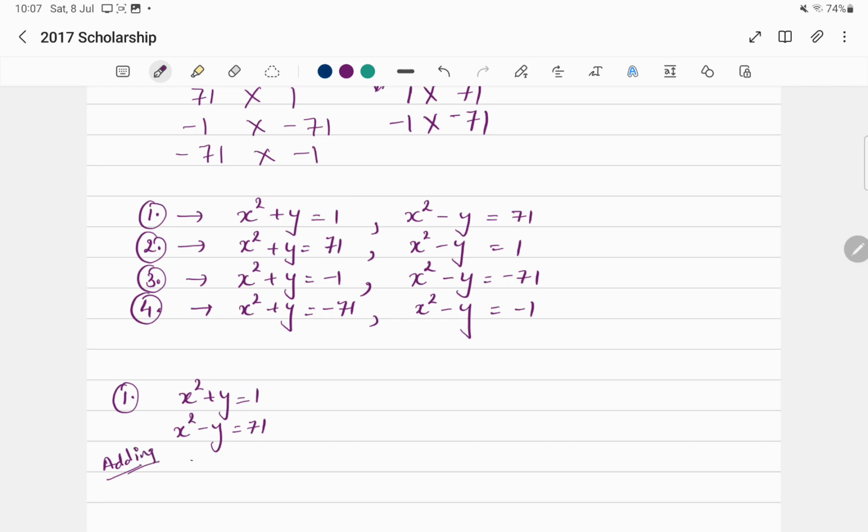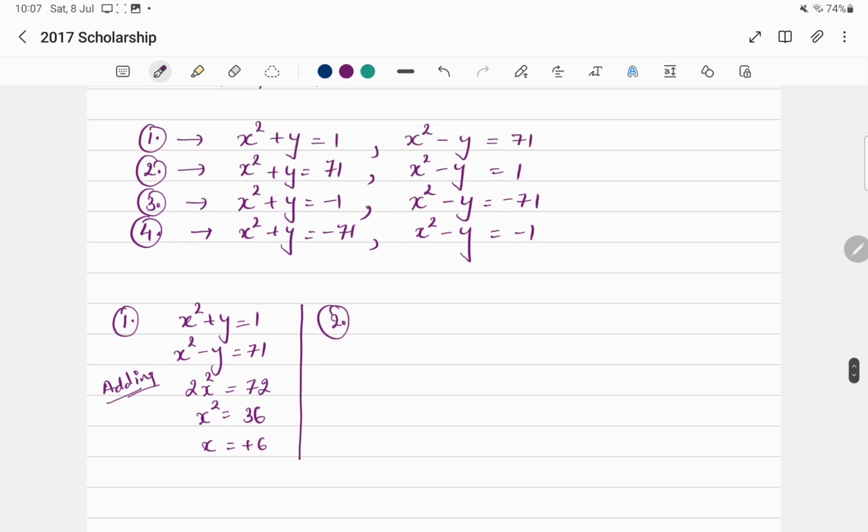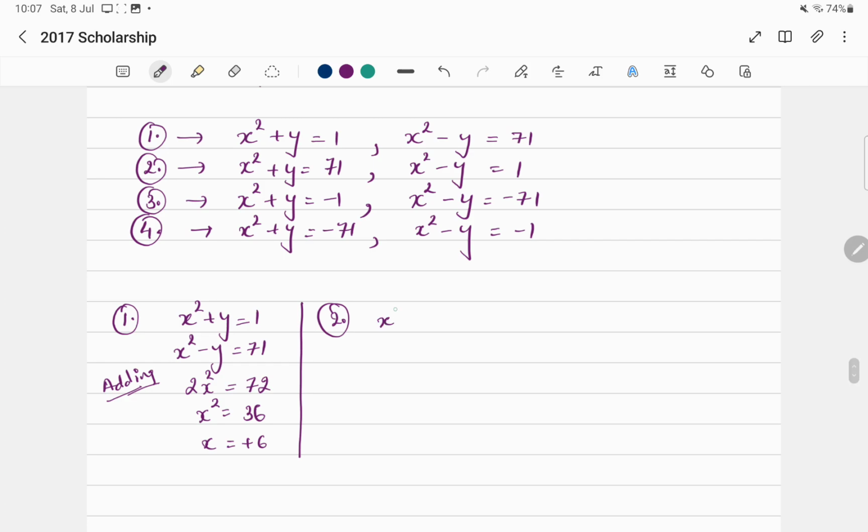Adding these two equations, the y terms cancel and we get 2x squared equals 72, so x squared equals 36 and x equals plus or minus 6. The second set is similar: x squared plus y equals 71, x squared minus y equals 1. Again adding gives 2x squared equals 72, x squared equals 36, x equals plus or minus 6.